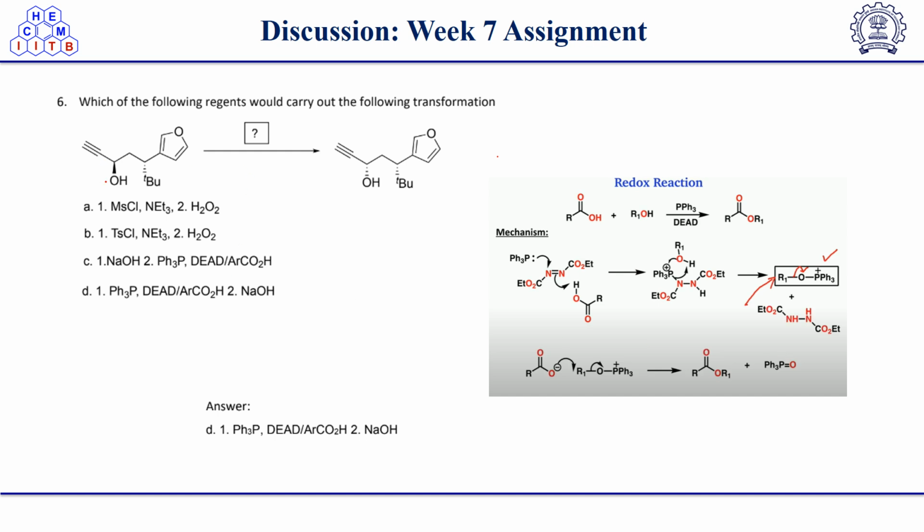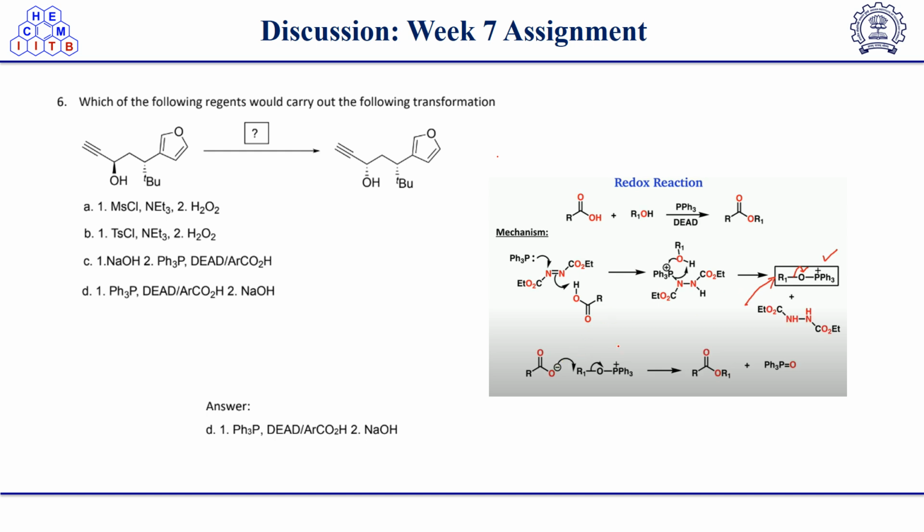So what will be happening here? Here the O=C-OR will be formed, since we are using benzoic acid. And when we do the hydrolysis with NaOH, the ester will cleave and the OH will be formed, but it will have the opposite stereochemistry, because as we can see, this attack is actually SN2.